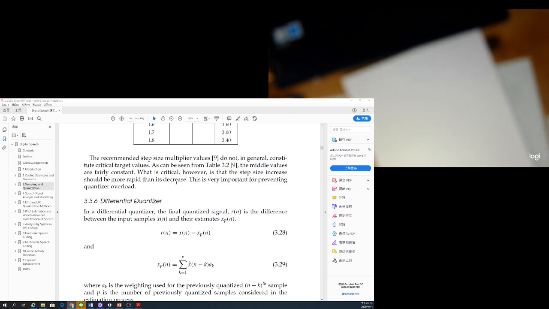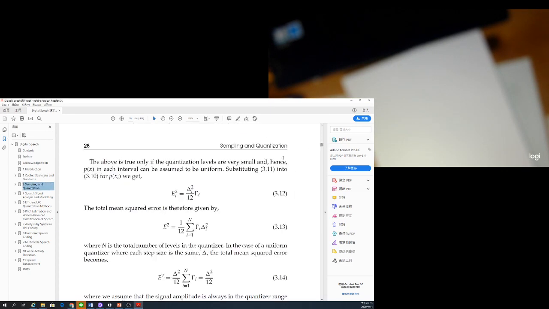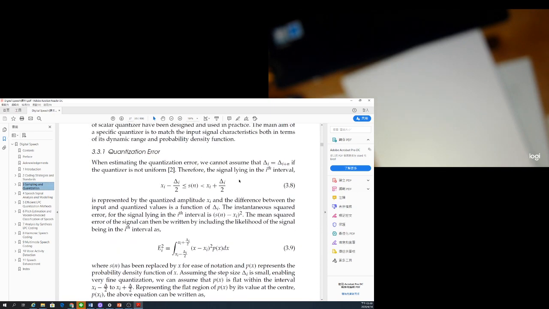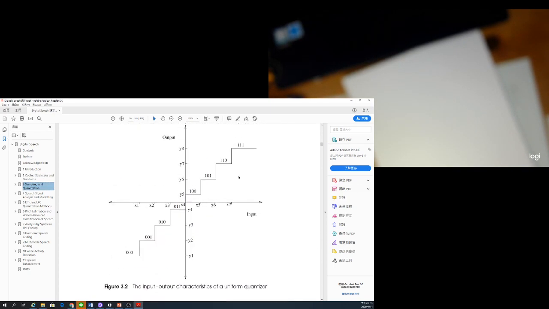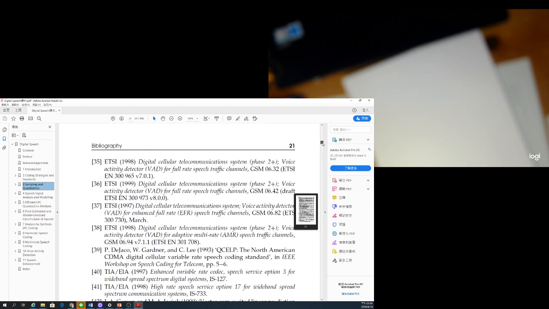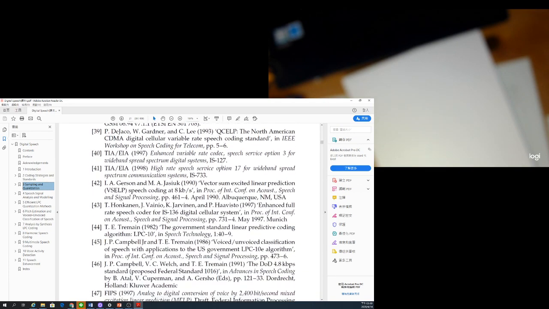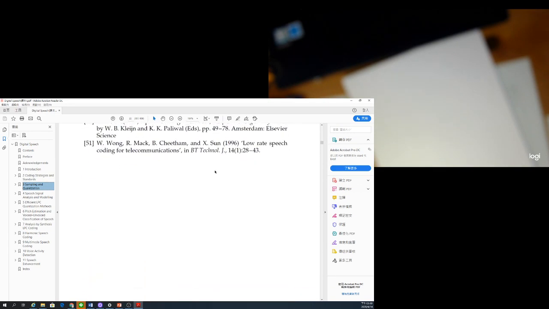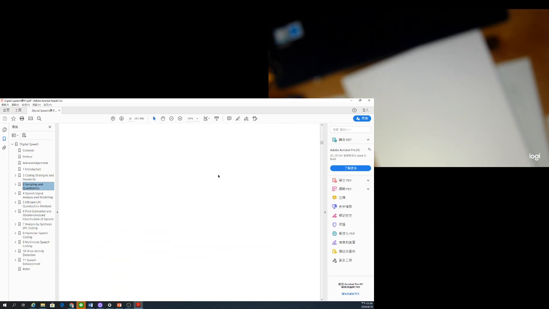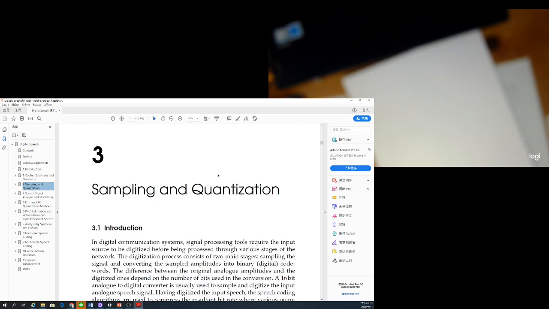So we have the differential quantizer. Let me double check what we missed before. So we start from the beginning, chapter 3. Let's go through the textbook and double check what we missed before.